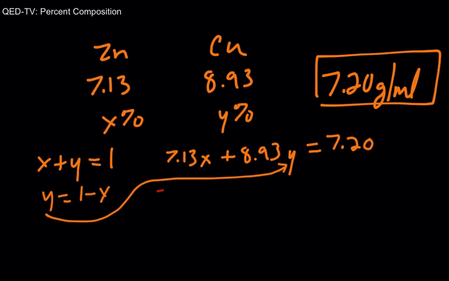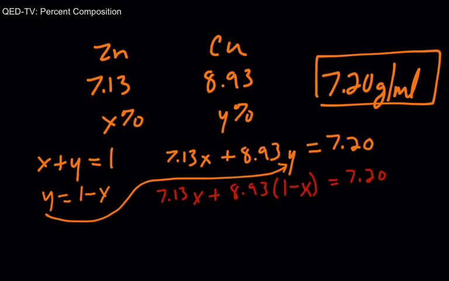So I would end up with 7.13X plus 8.93 times the quantity 1 minus X equals 7.20.